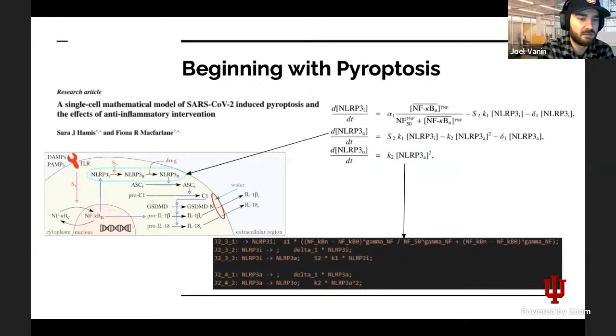It's basically saying that from nowhere, something is creating NLRP3I, and here's the function that tells at which rate this molecule is being created. The second one is a decay function: NLRP3 going to nothing, meaning it's decaying, and the rate is delta 1 times the number of the molecule. And you can see that code on top.